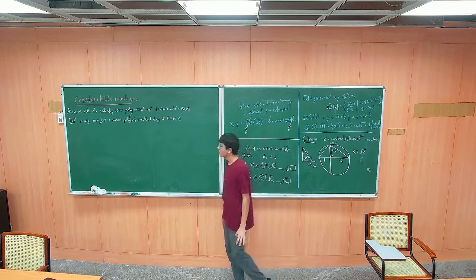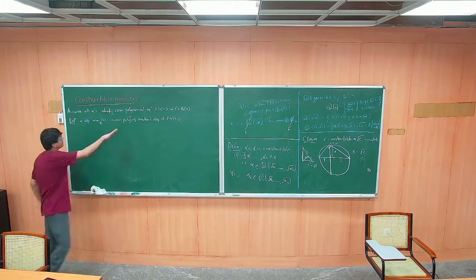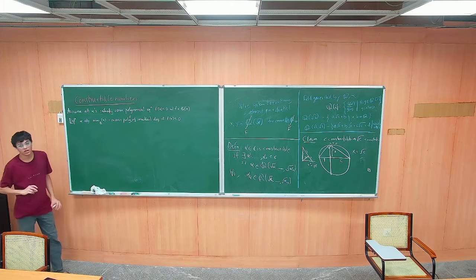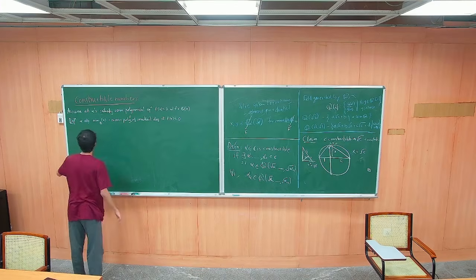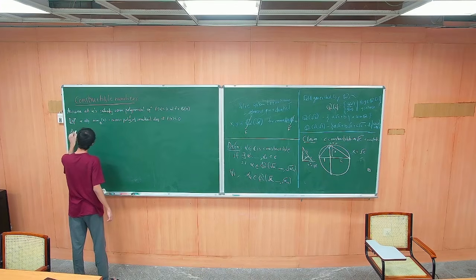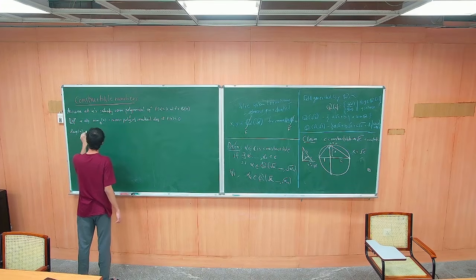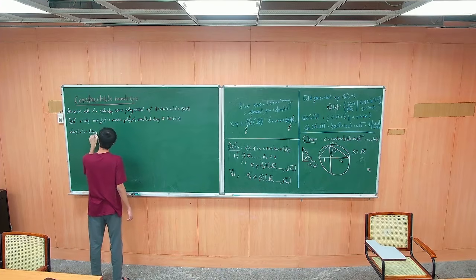This is the definition of the minimal polynomial, and I will define the degree of alpha to be the degree of the minimal polynomial.